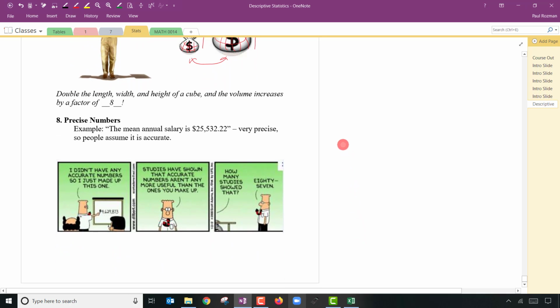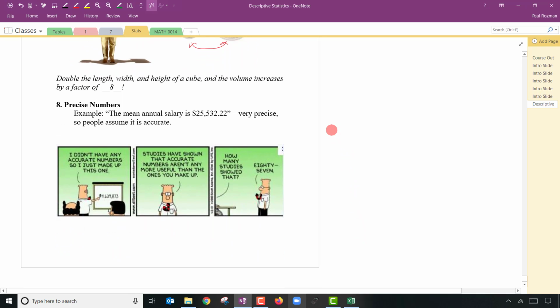Another one is taking advantage of sig figs, or a lack thereof. Mean annual salary is $25,532.22. By writing it so precisely, you give your reader the impression that your data is good.